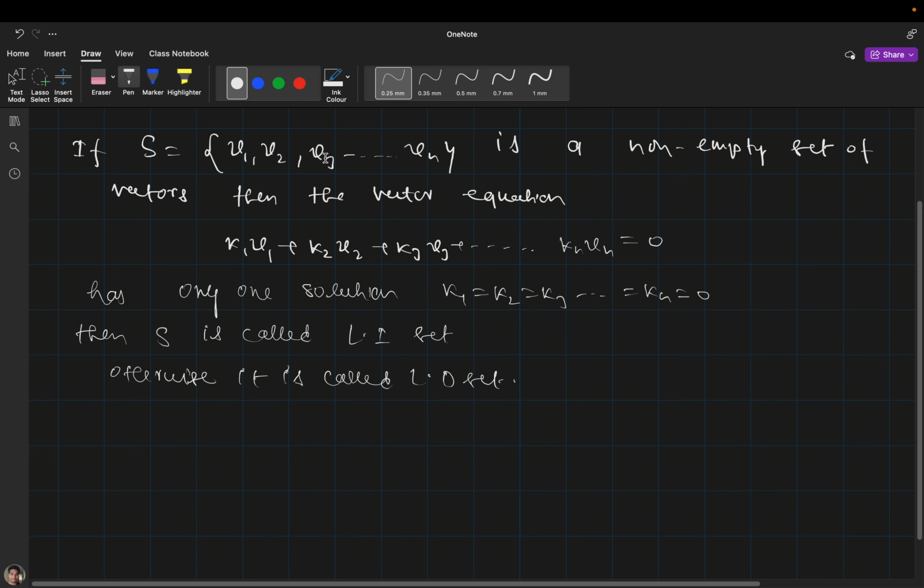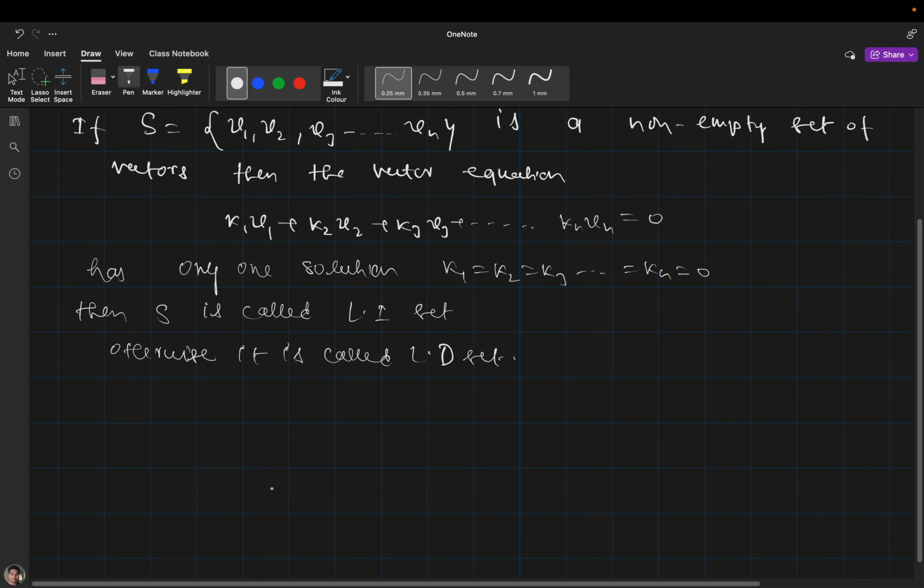And if you are getting other than this solution, then this set is called what? Linearly dependent set. So that is the theorem. Is it fine now? Yeah, fine, sir. Okay, so let's take an example.